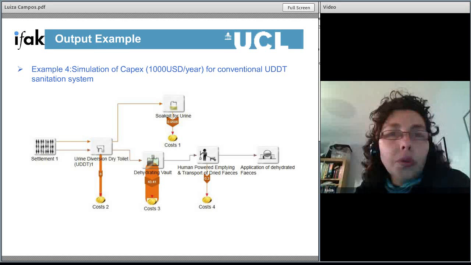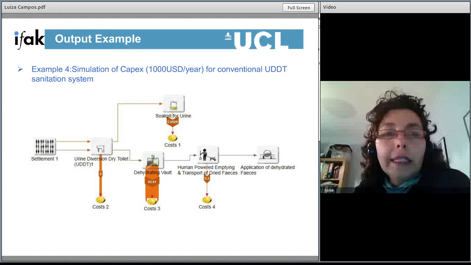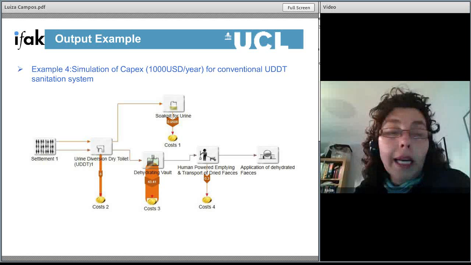And regarding nitrogen and phosphorus from UDDT, my slide showed only the setup of the system. It was showing CAPEX.